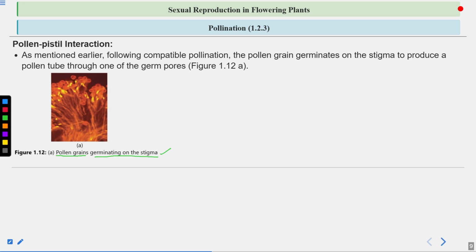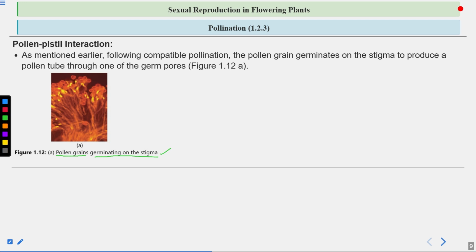Though many compatible pollen grains can fall on one stigma at a time, and they all can germinate, only one of the pollen tubes makes its way earlier and reaches the embryo sac.